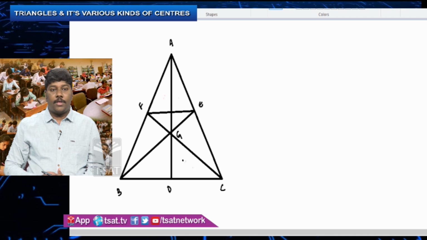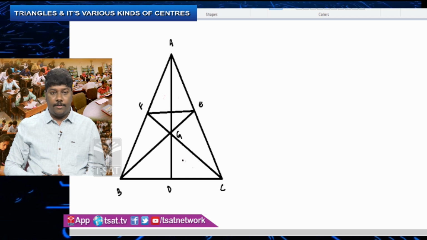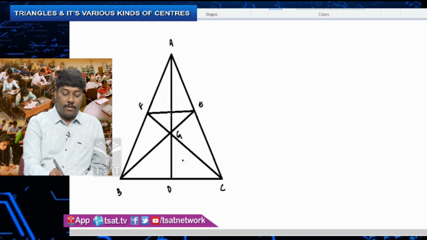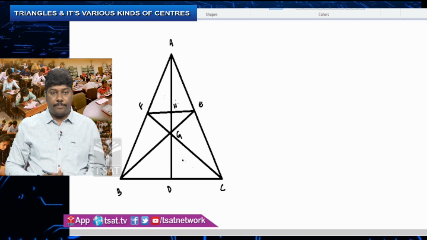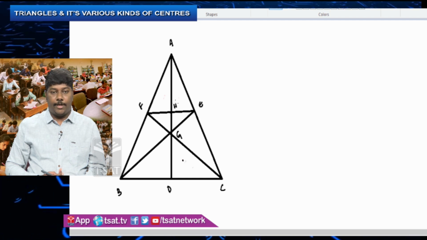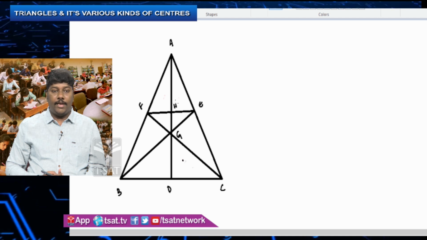Consider the triangle ABC, and I am drawing all the medians here. Let this point be H. We know G is the centroid and H is the point where AD and EF intersect.